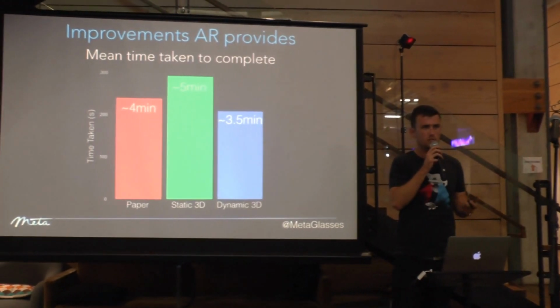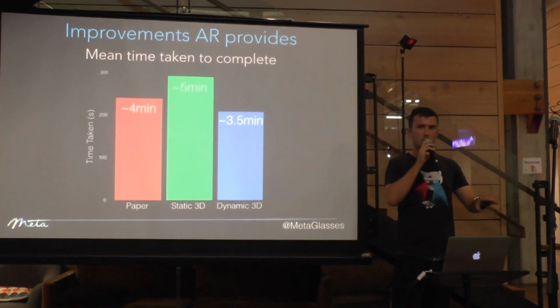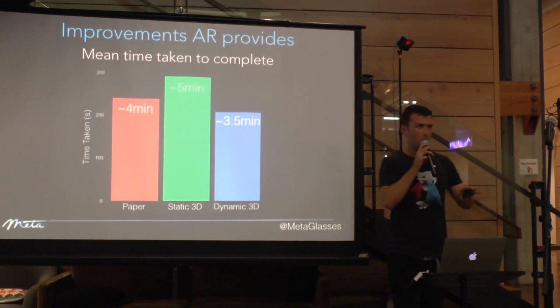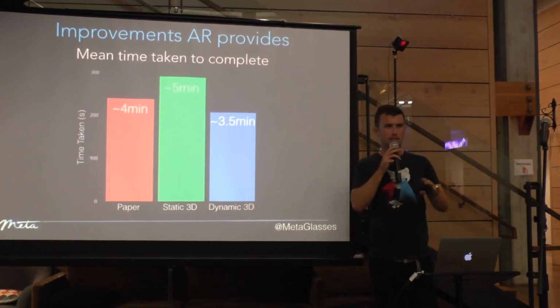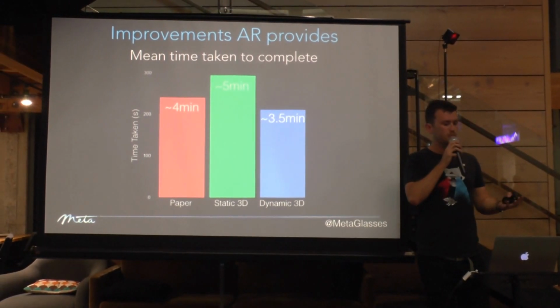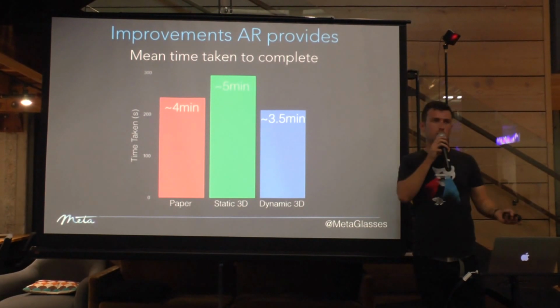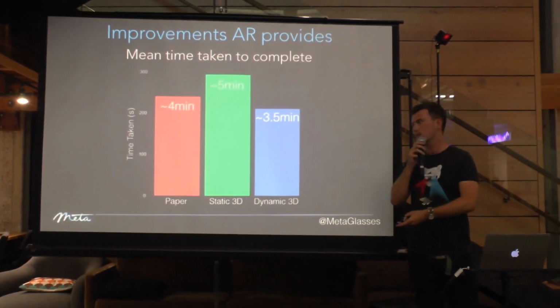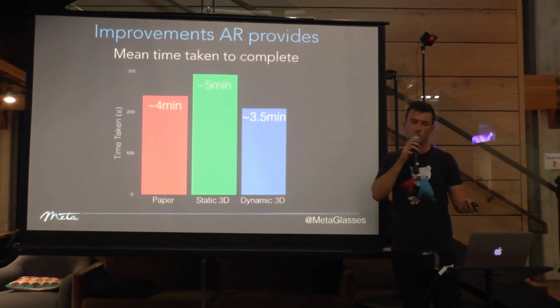The literature was very hot and cold on which was actually better, and that's really what we found. We did an intentionally poor-ish job of representing a 3D model, and we did a good job. The good job was better than the traditional models of presenting data, and the poor-ish job was worse.